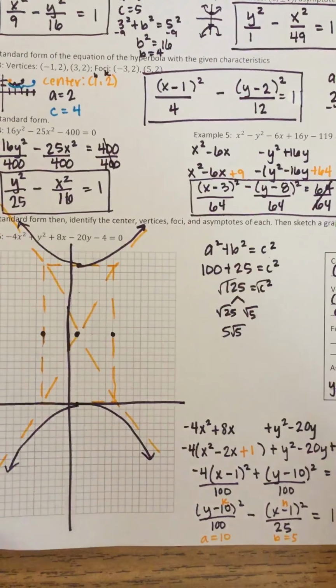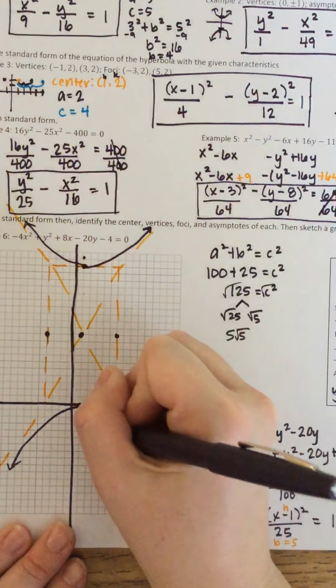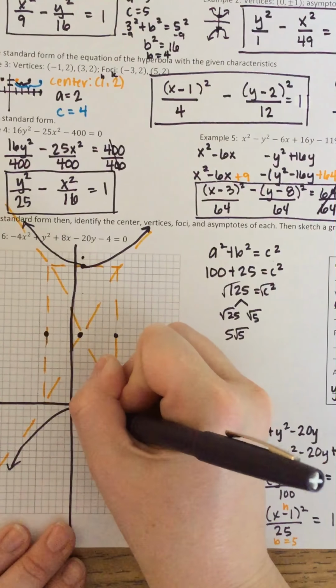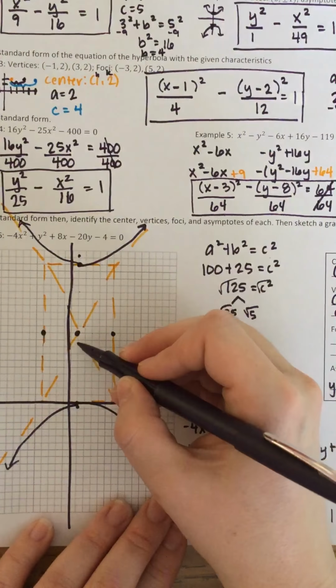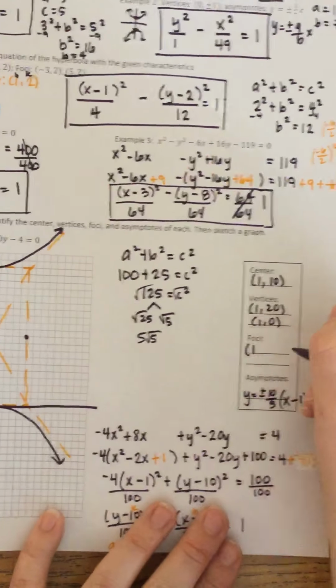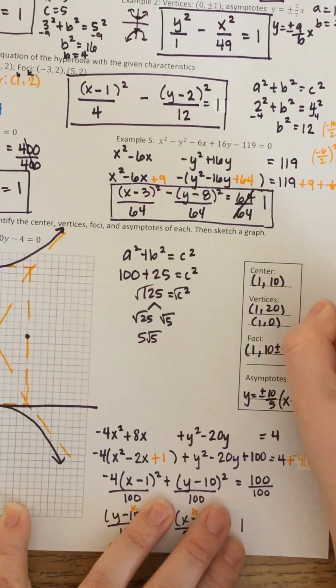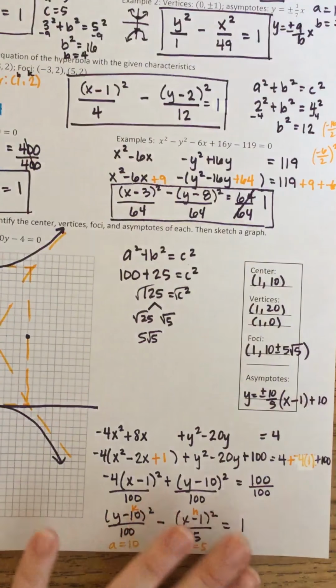We would be going up and down that amount. So 5 square root of 5 is approximately 11.18 if I type it in my calculator. So that would be right after each of these vertices. My x value does not change. It's my y value that's changing. So I'm going to have 10 plus or minus 5 square root of 5.